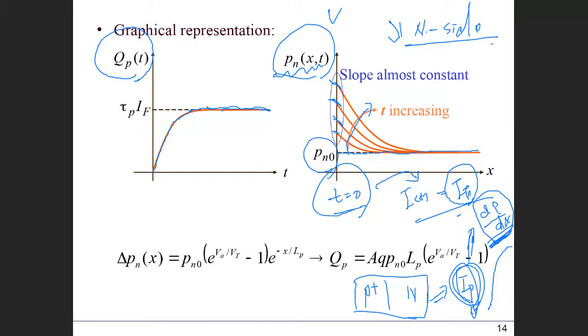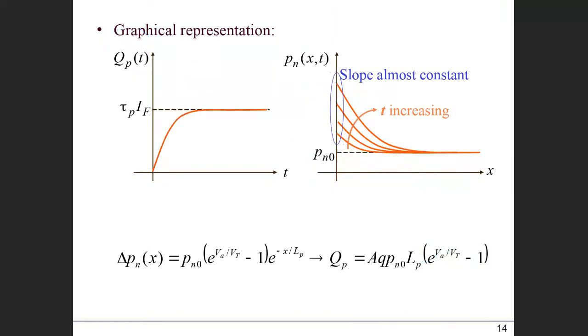In fact, this slope is the same during this transition of the hole concentration, representing that your current is the same as IF, because the slope dP/dx, especially at the edge of this depletion region, is going to be the same during this transition. Okay, so that information we can also see from this solution.